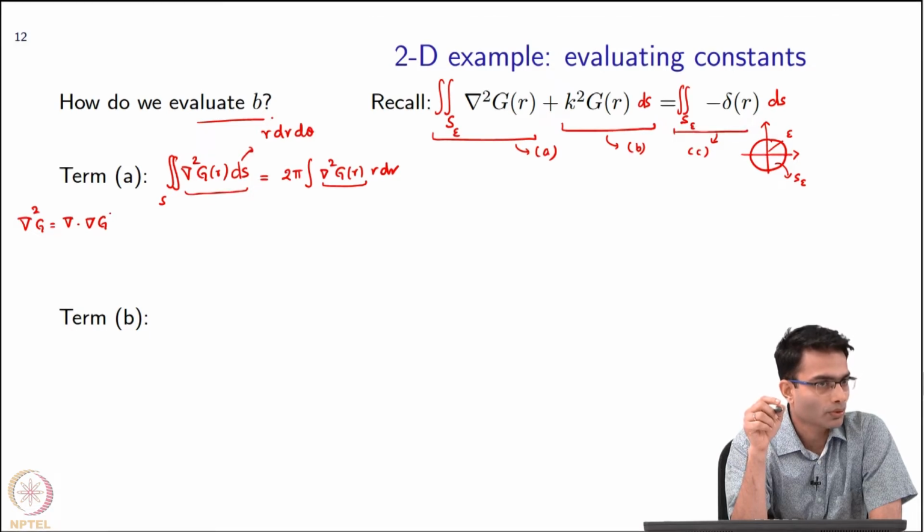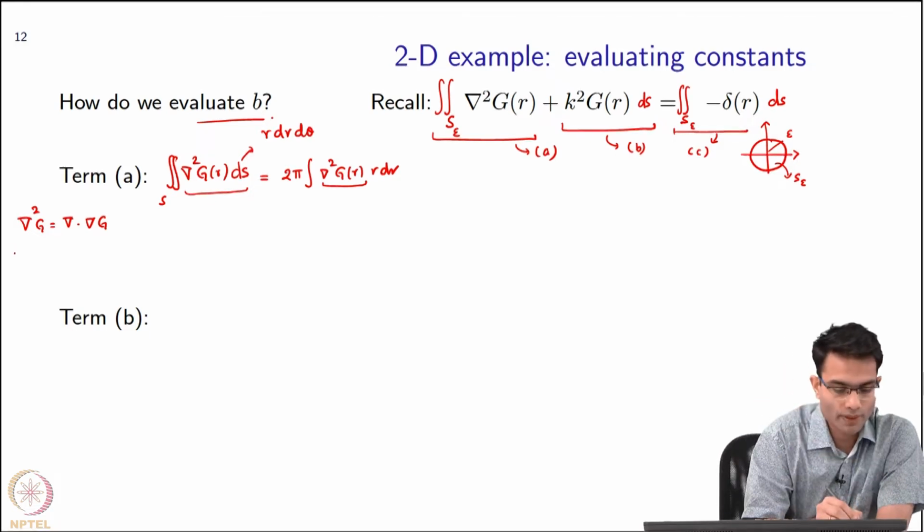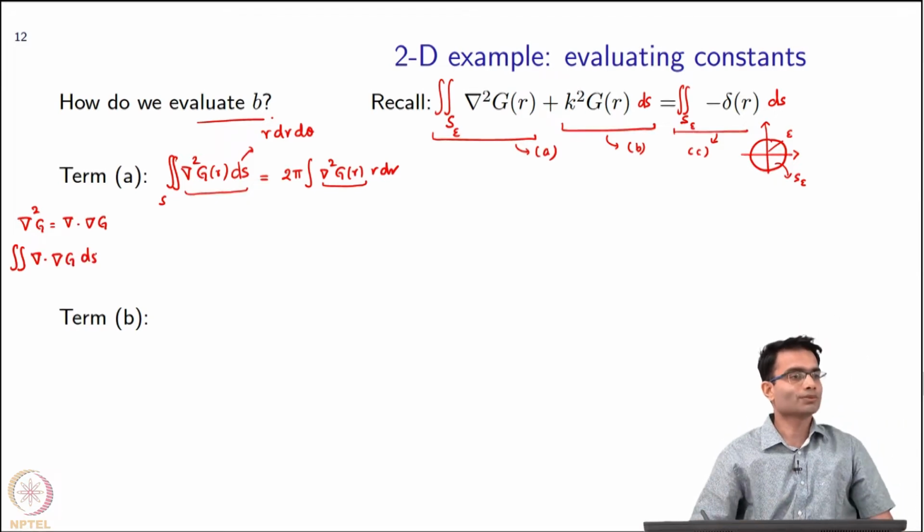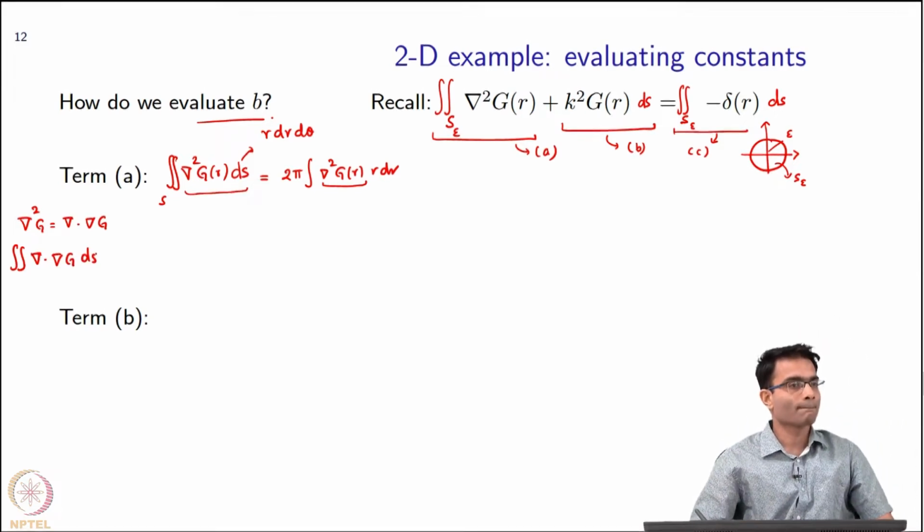So, when I am doing the integral of del dot grad g ds, what theorem of vector calculus comes to mind? It is a divergence under a closed volume, or in 2D a closed surface. So, which theorem? Divergence theorem, right. The divergence theorem will convert this del dot something into the outward flux.